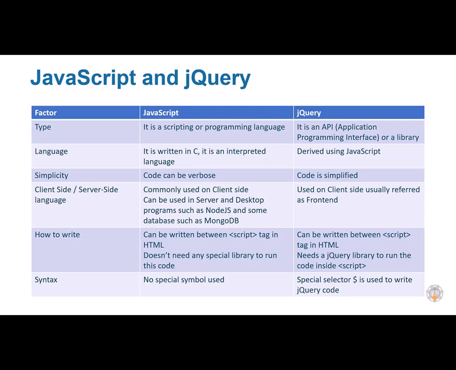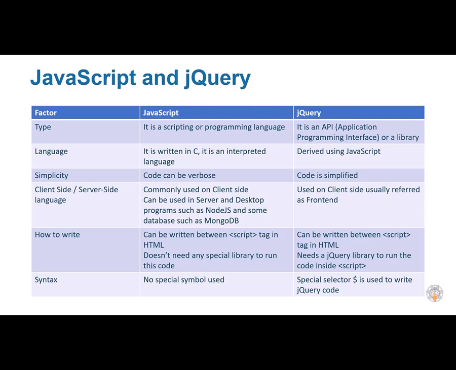It is an interpreted language, while jQuery is derived using JavaScript. jQuery code is comparatively simple to write, while JavaScript code can become verbose. JavaScript can be used as both client-side and server-side language, while jQuery is usually used only on the client side.